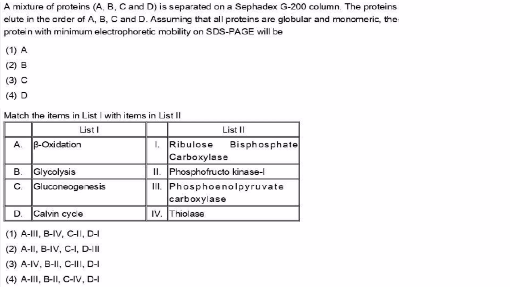Then next one, a mixture of proteins A, B, C, D is separated on a Sephadex G200 column. So Sephadex column means it will separate based on molecular size or molecular weight.